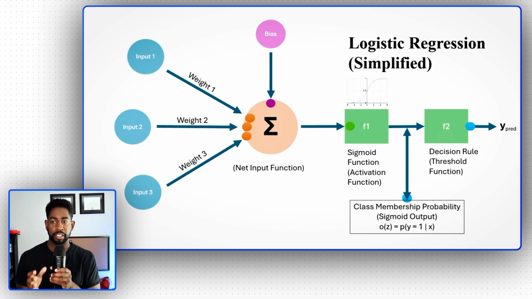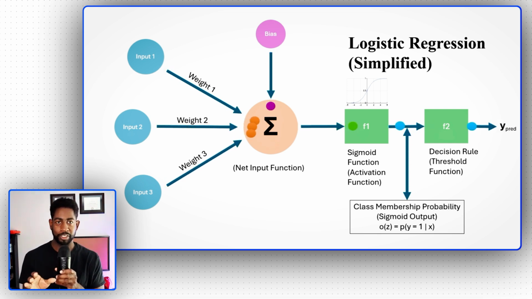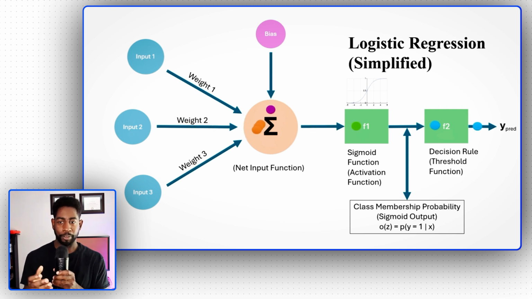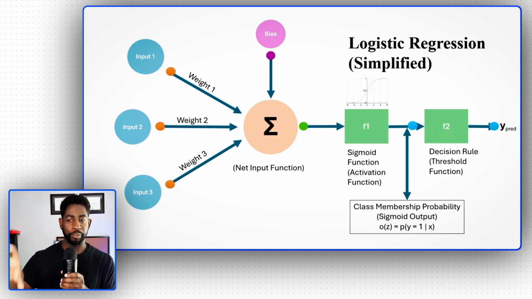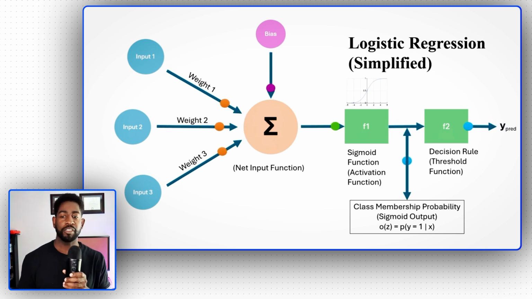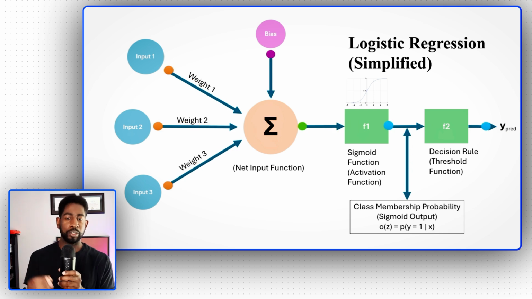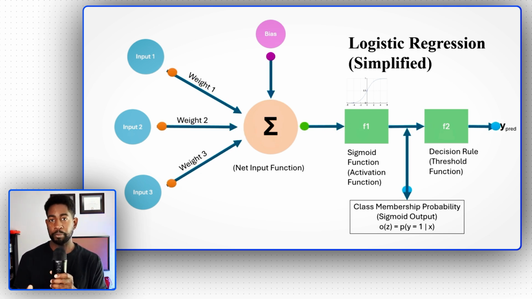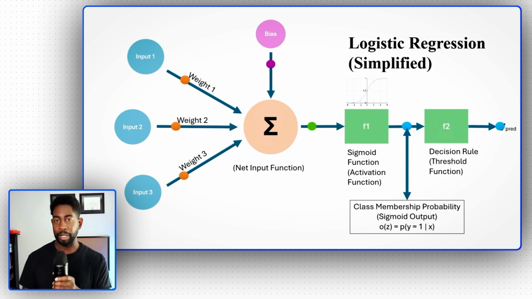We'll see in a little bit that the net input function is pretty much the same as a function from the Perceptron, and that's how you know that this was kind of built on that concept. But what changes is the sigmoid function, which you see as the activation function there, and the class membership probability, which is something that's new. It's not really in the Perceptron. Then you have the decision rule, the threshold function, which is very similar in the Perceptron. And then you have your output, the Y predicted.